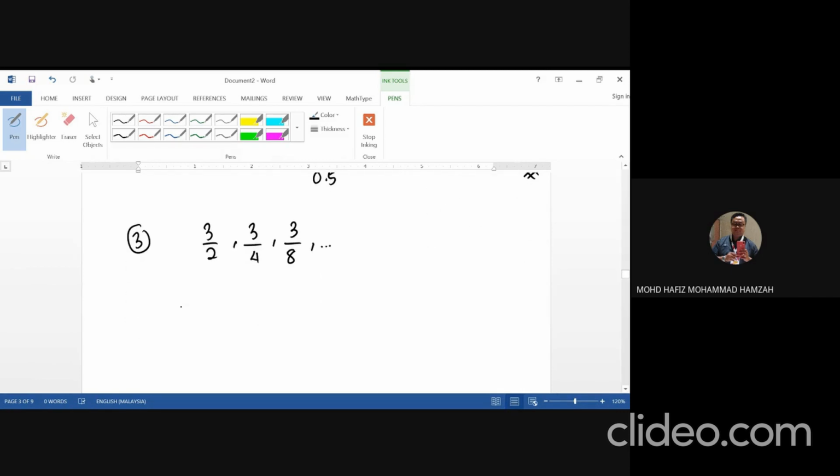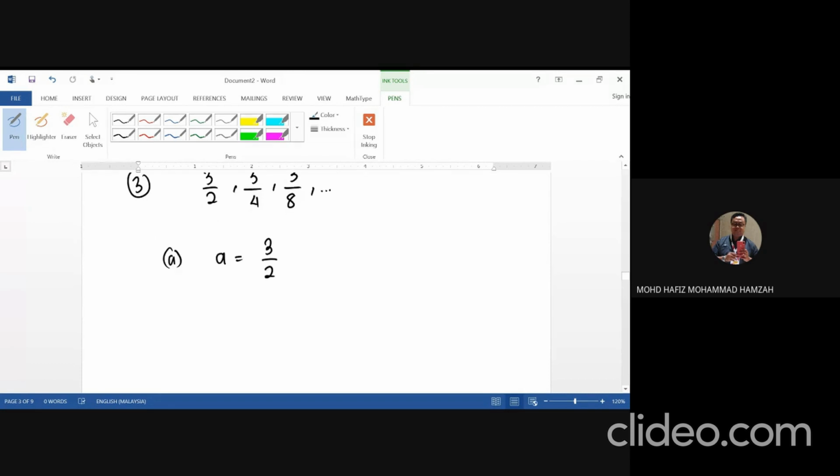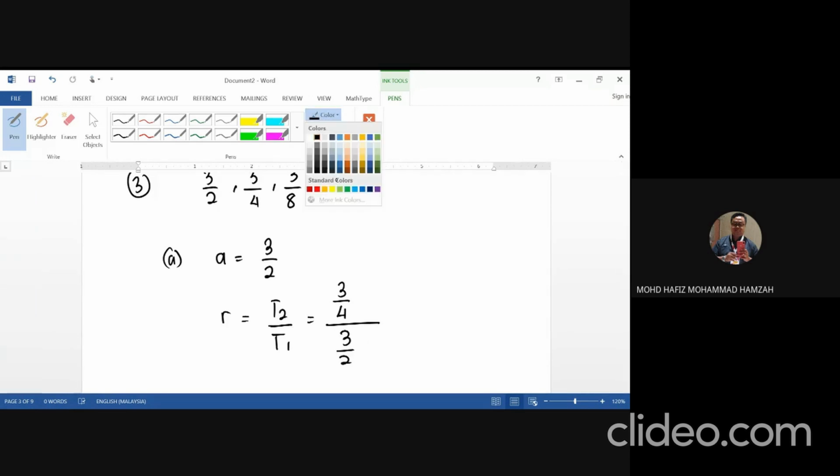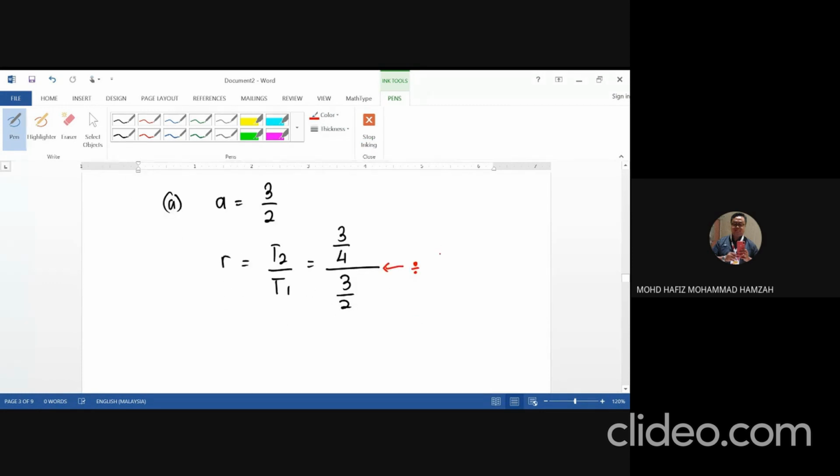Okay, so ni macam tadi ada 3 term. So your first term is the term at the front, so 3/2. Okay, so nak dapatkan dia punya R, common ratio adalah term kedua per dengan term pertama. So term kedua adalah 3/4. Term pertama adalah 3/2. Okay, so macam mana nak selesaikan ni? So note that bila dia tulis besar macam ni, maksud dia adalah bahagi. So which means we can rewrite this as 3/4 divide by 3/2.